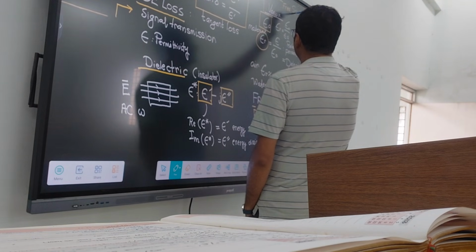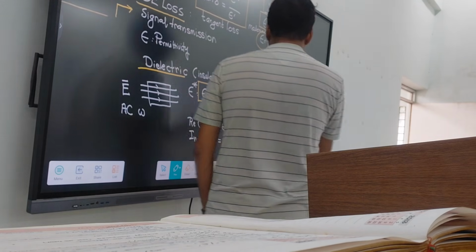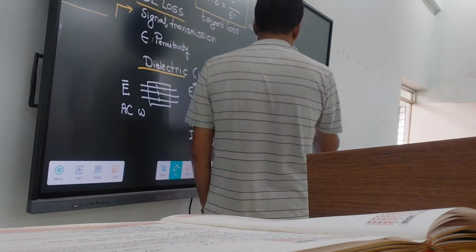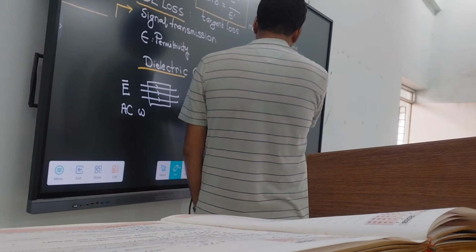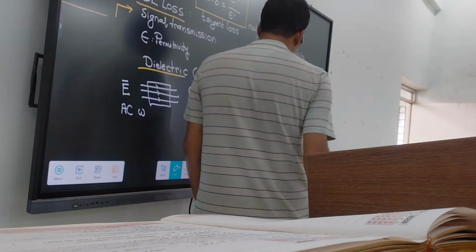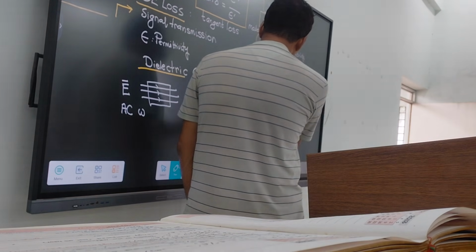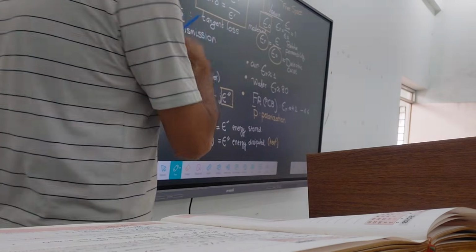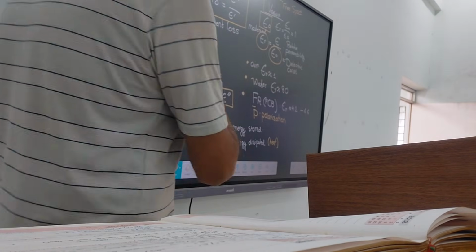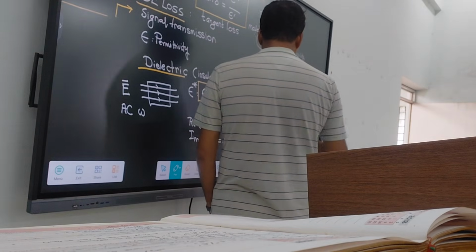Then we have relative permittivity with respect to the medium, and we have dielectric constants like here. So, FR is a fiber medium used in printed circuit boards.